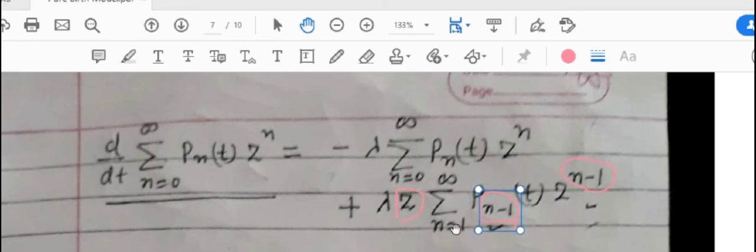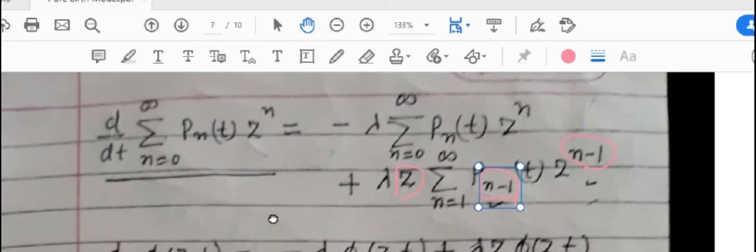We cannot retain 0 here, because if you put 0 here, it gives probability of minus 1 customers, which is not allowed, not justified. So this part is okay. I think there is no problem.